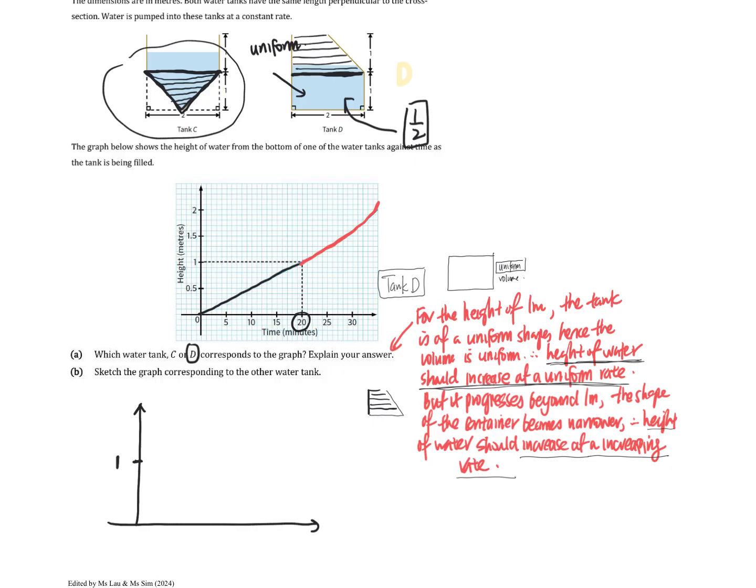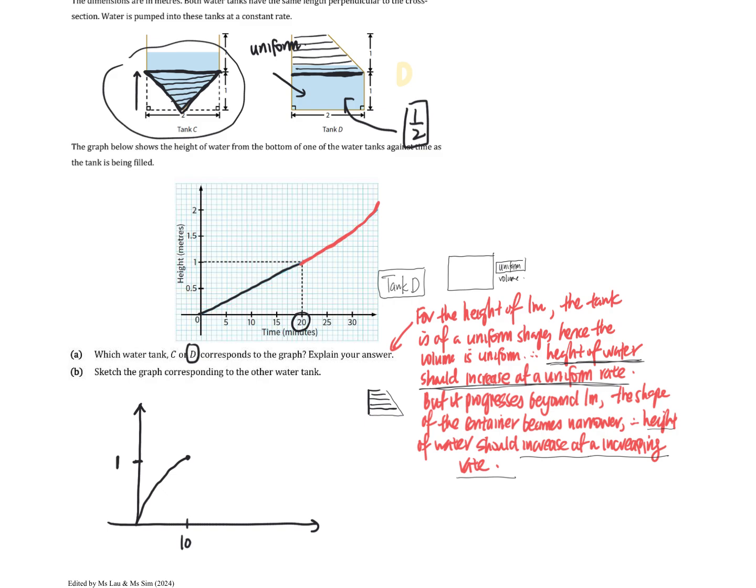So you won't take 20, you only take 10. So to reach this height, we are increasing at a decreasing rate because as it goes higher, you need to fill up a bigger volume over time. So something like this. You must show the slight curve.